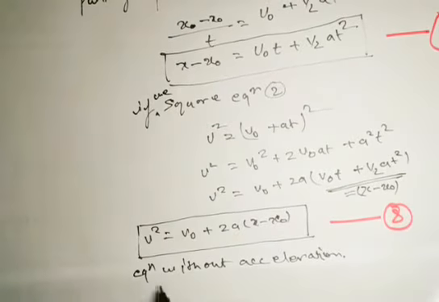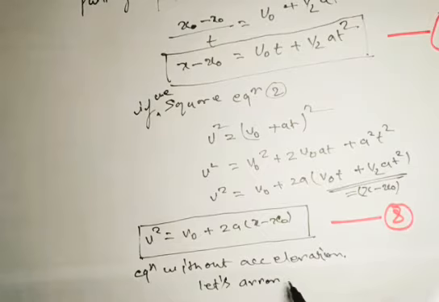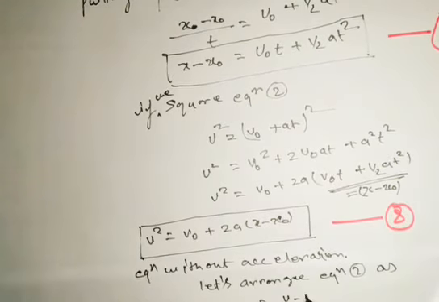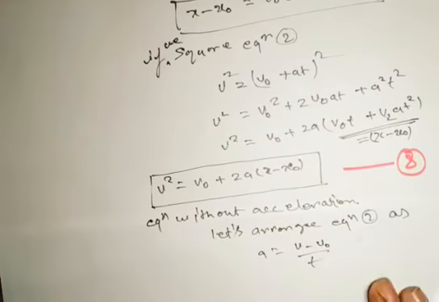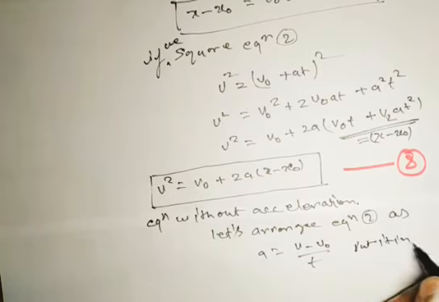So let's arrange equation 2nd as a is equal to v minus v naught upon t and put it in equation 7.